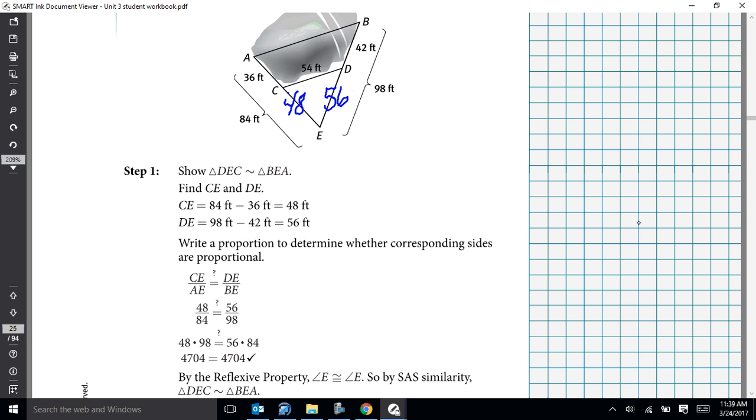So if we can show that these sides are similar, that this is consistent, then what does that tell us? They're similar.